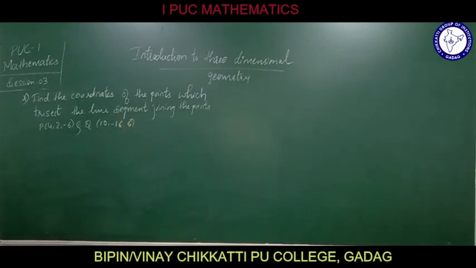See what they have given. They have asked us to find the coordinates of the points which are trisecting the line segment joining 4, 2, minus 6 and 10, minus 16, 6.